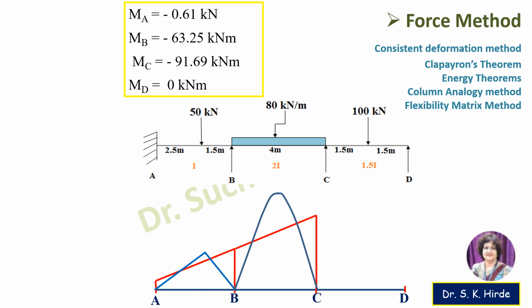After that, for portion CD, you know that bending moment at D is 0. So join these 2 points. Again overlap it with positive diagram, which is WL by 4. So in this way you can complete the diagram, and finally you cancel the portion which is overlapped by negative diagram by positive diagram, and net diagram you have to hatch.